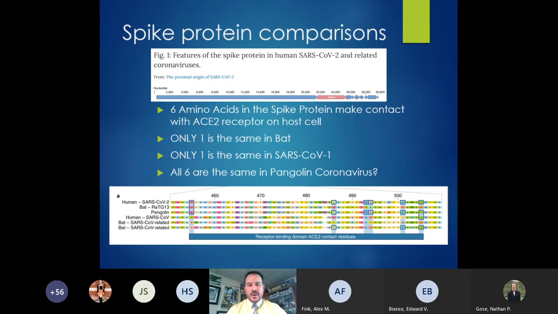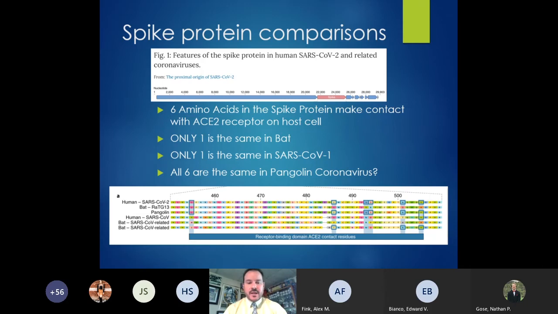So that raises some questions: if these amino acids are so critical for the virus to bind to the host cell, only one of the 6 is the same? Interestingly as well, when you look at SARS-CoV-1, again, there's only one of the 6 that are the same. Again, it raises questions about how really similar are these, and did SARS-CoV-2 come from this bat if only one of these amino acids is the same?